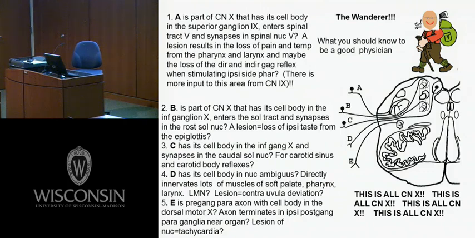Now, like 9, there's something coming out of ambiguus, but it goes to a heck of a lot of places. And we'll give you your uvula problem, and dysphonia and dysphagia and all those goodies. And in contrast to 9, whose preganglionic parasympathetic came out of the inferior salivatory nucleus, here's your preganglionic parasympathetic, dorsal motor nucleus of 10.